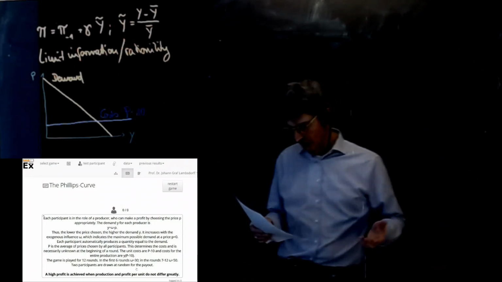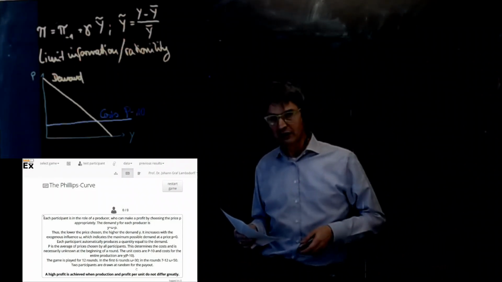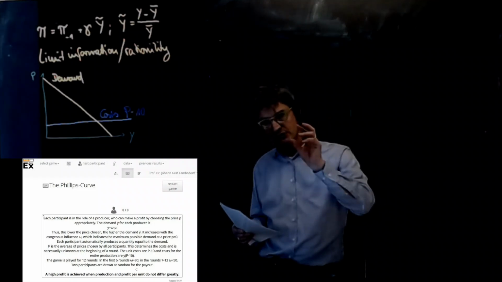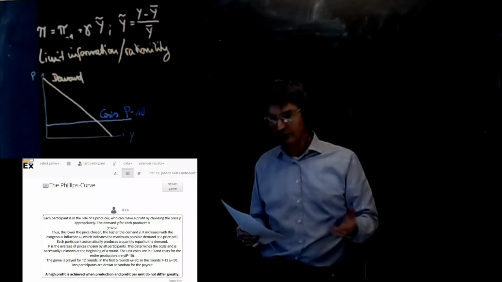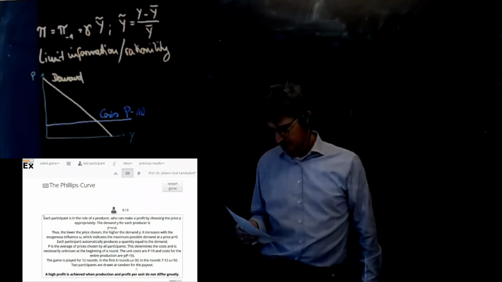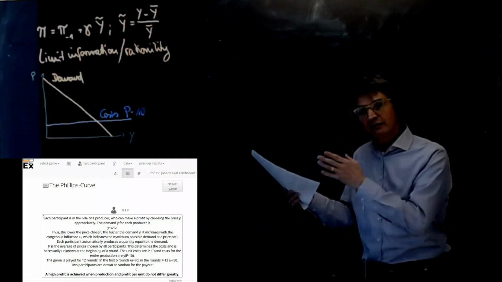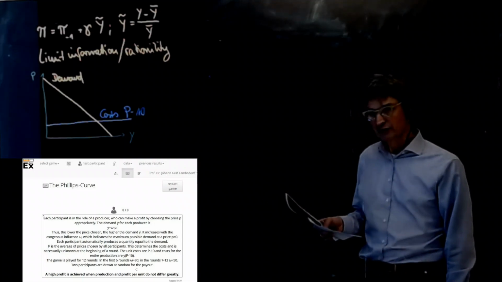So the costs for the entire production are then the Y, which is the quantity produced, times the unit cost, capital P minus 10. Okay, and this game is then played across 12 rounds.